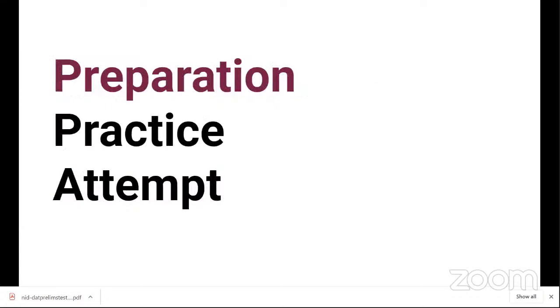So we're talking about the preparation now. You are all aware that there are 3 kinds of questions that they ask in the sketching part. One is checking your sketching skills. Second is checking your creative thinking skills.